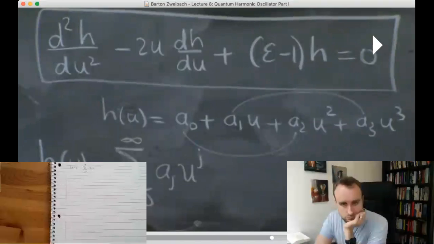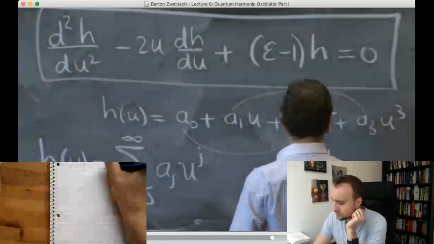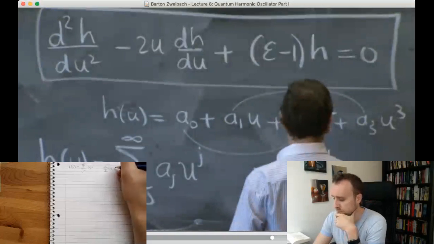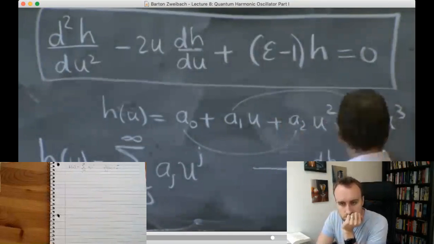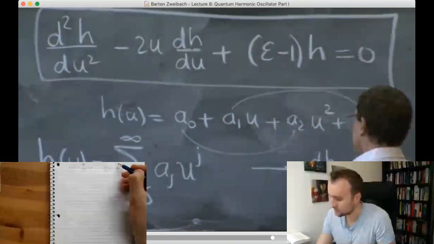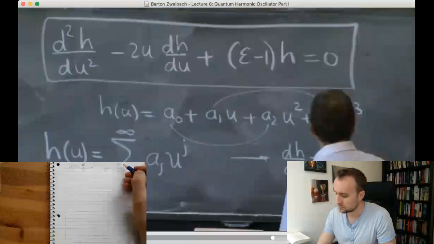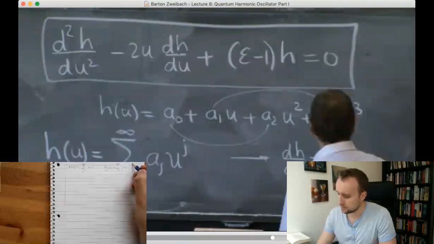Then, if you take a derivative, because we're going to need the derivative, dH/dU would be the sum from j equals 0 to infinity of j times a_j U to the j minus 1, right?